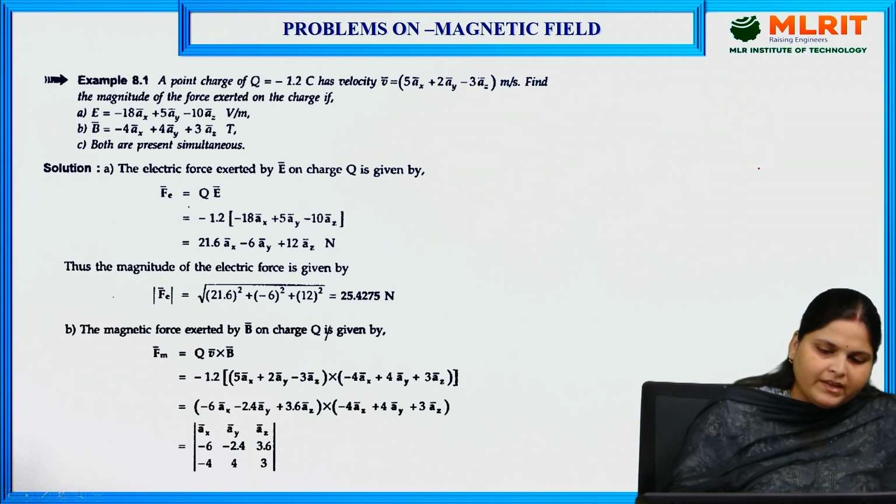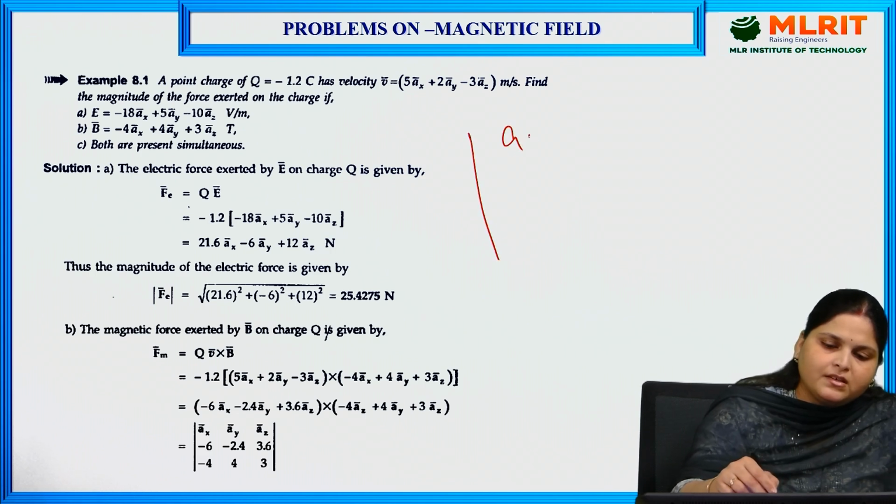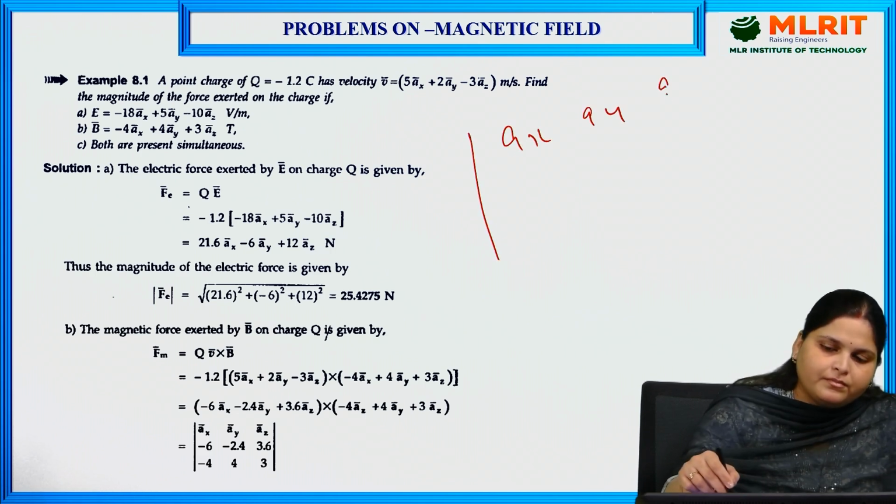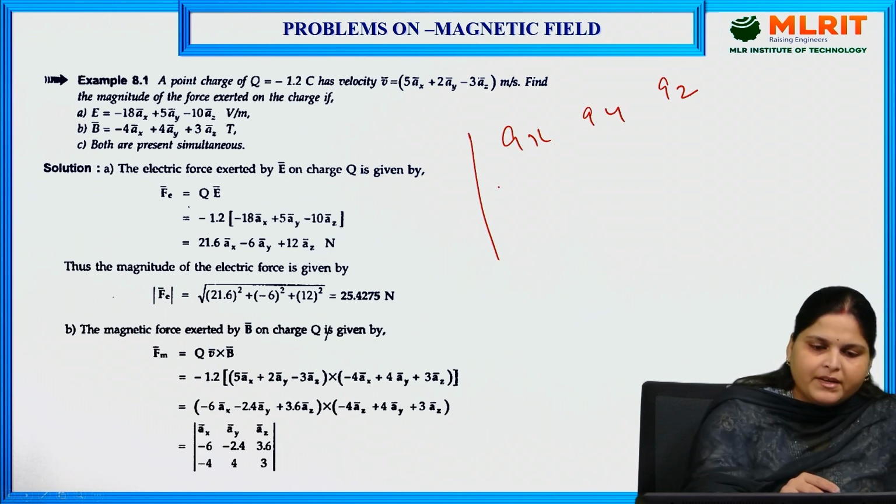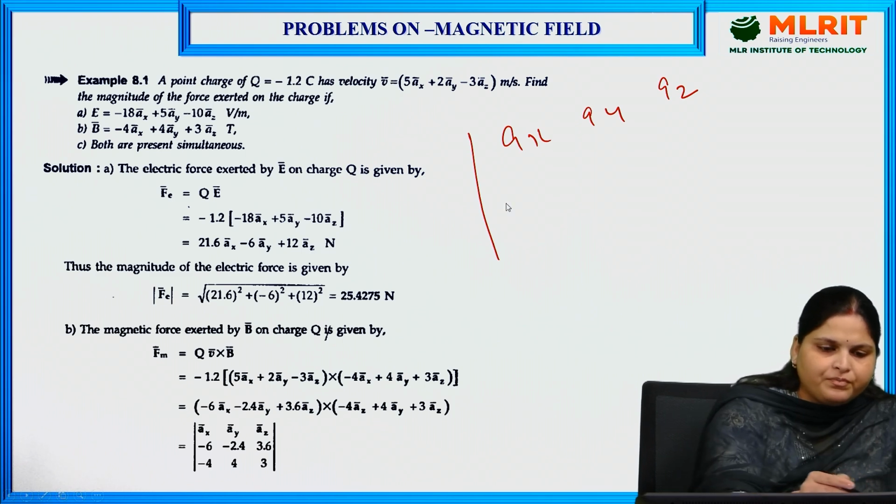And how can we write it? We can write it in this manner, in matrix form. This is, already we know, V cross B. It will be written as this.